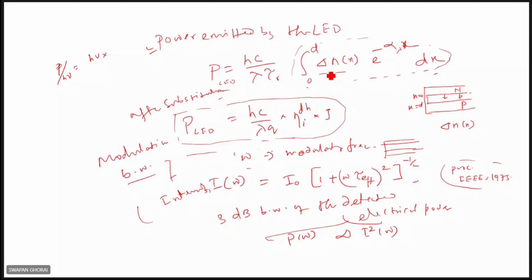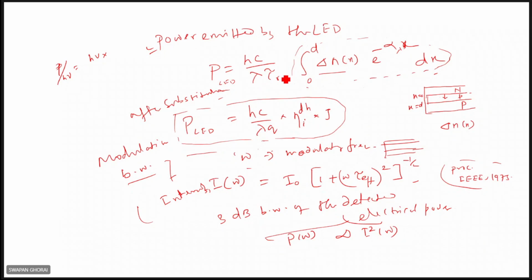You can get that by integrating from 0 to d, where d is the thickness of the active layer. So we have to integrate how many carriers are present: delta n(x) into e to the power minus alpha x dx.